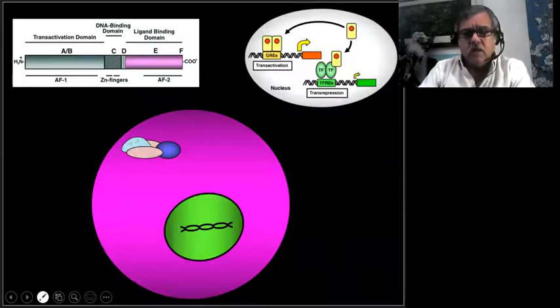Glucocorticoids bind glucocorticoid receptor, a ligand-activated transcription factor belonging to the nuclear receptor superfamily, whose structural domains are depicted on the top. GR affects gene expression by both mechanisms, transactivation and transrepression.